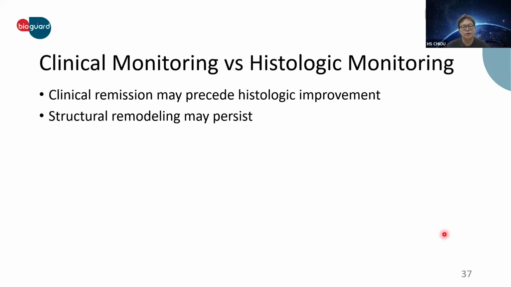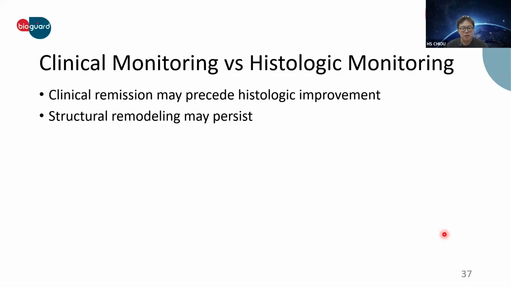In many chronic inflammatory diseases, histological remission lags behind clinical remission. So you may see clear clinical improvement: better stool quality, weight gain, improved appetite. But if you biopsy again, architectural distortion may still be present, because structural remodeling takes time, and sometimes it doesn't completely resolve.